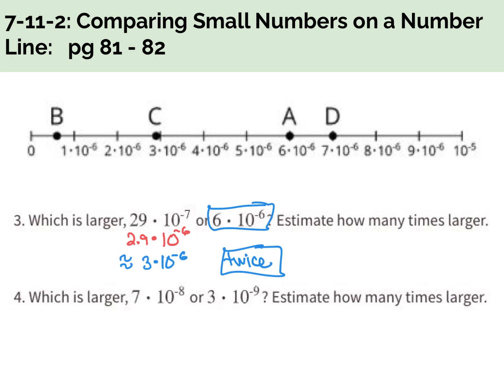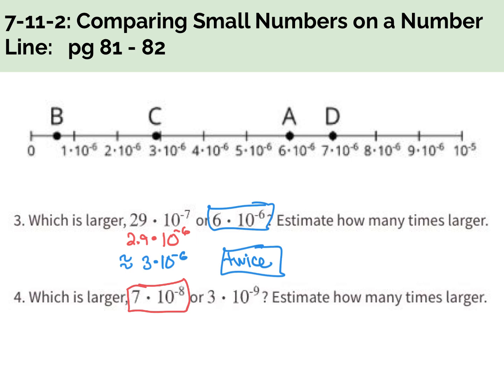Remember, negative exponents mean it's a decimal. If you have a lot of decimal places, that makes it smaller. And if you have a shorter amount of decimal places, that makes it bigger. So which one is bigger? Well, that's going to be the 7 times 10 to the negative 8. That one is bigger.